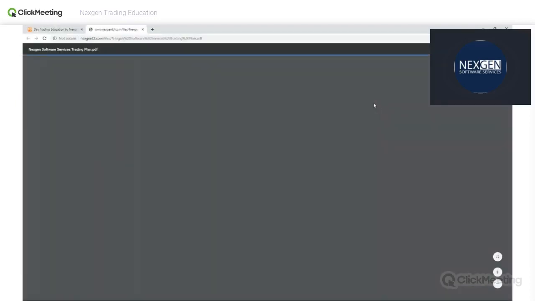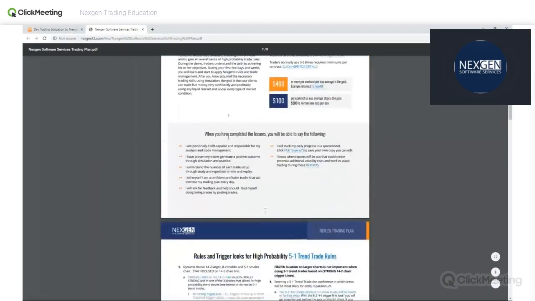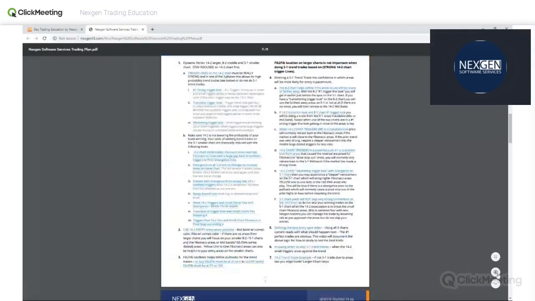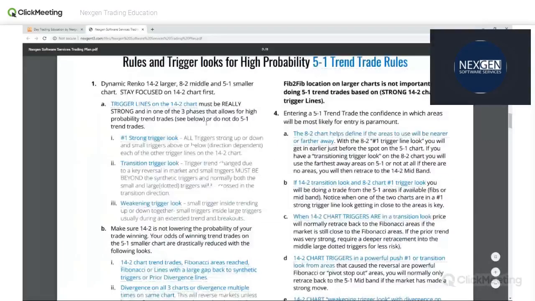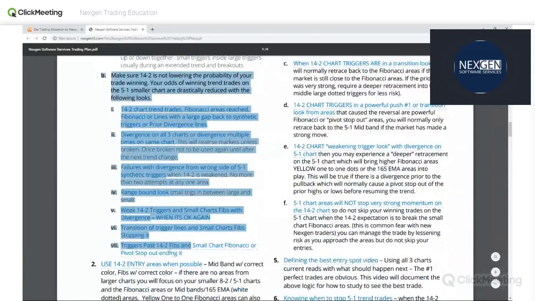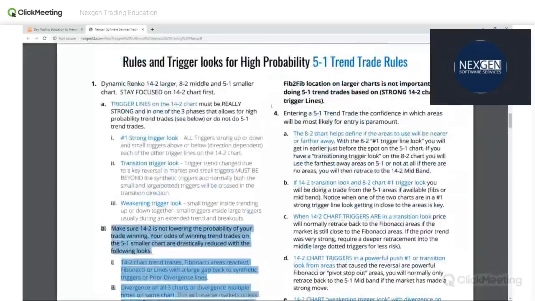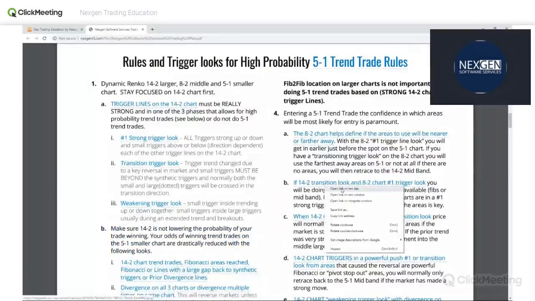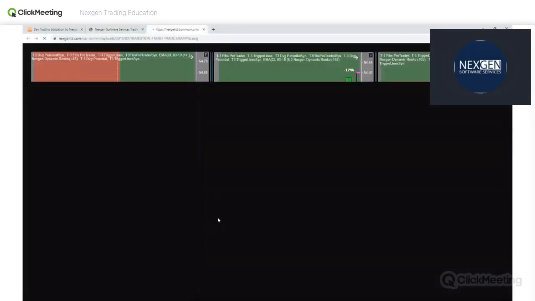And in the plan, if you really think about it, there are three components of a trade: reading the triggers on the large chart, making sure that the trigger line configuration and the fibs don't ruin your trade, and then ultimately making sure that the fibs and triggers line up when you're placing a trade.